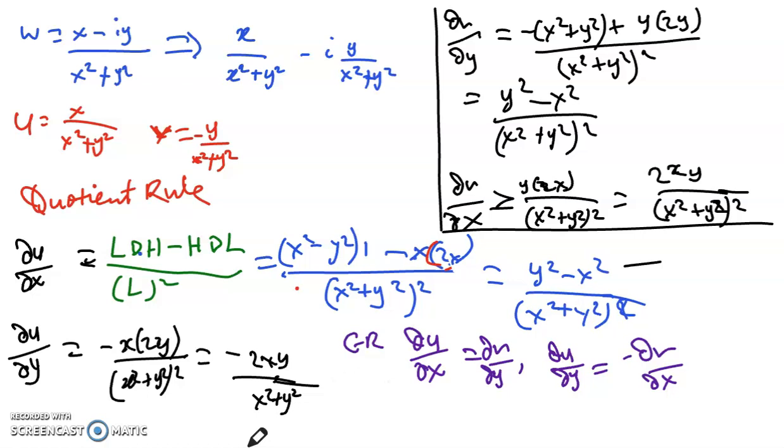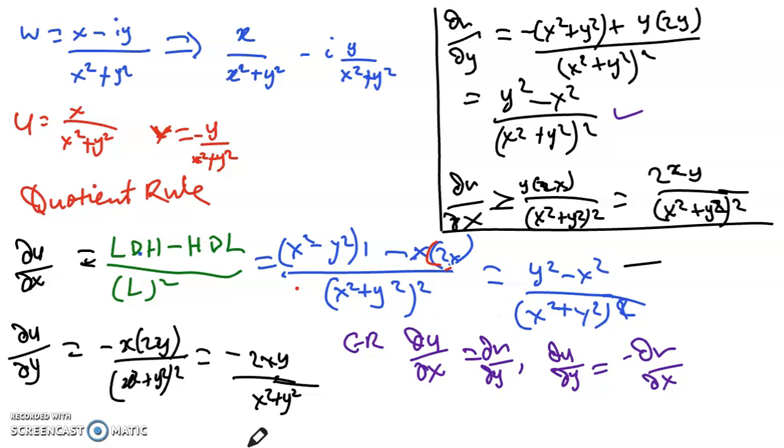So what we can see now is that partial u partial x, which equals partial v partial y, is equal to y squared minus x squared divided by x squared plus y squared, all this squared.